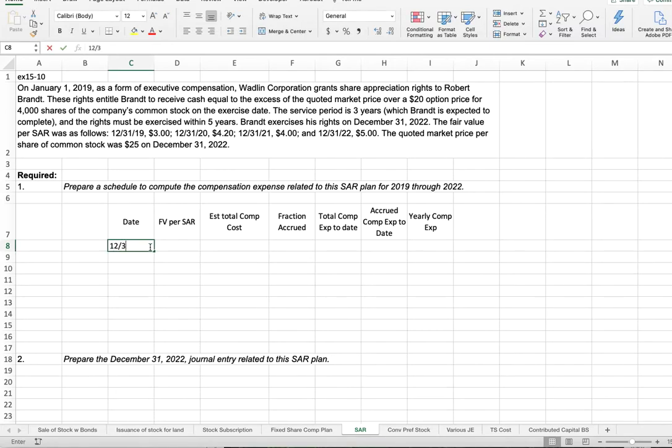We have 12/31/2019. Fair value per SAR on this day is $3. So the estimated total compensation cost would be that $3 times the 4,000 shares, so we get 12,000. Fraction accrued at this point is 1/3.